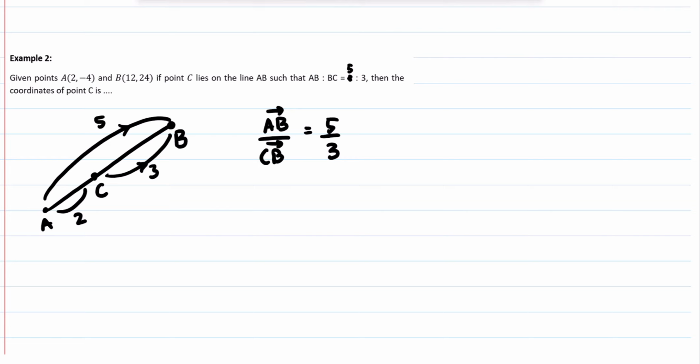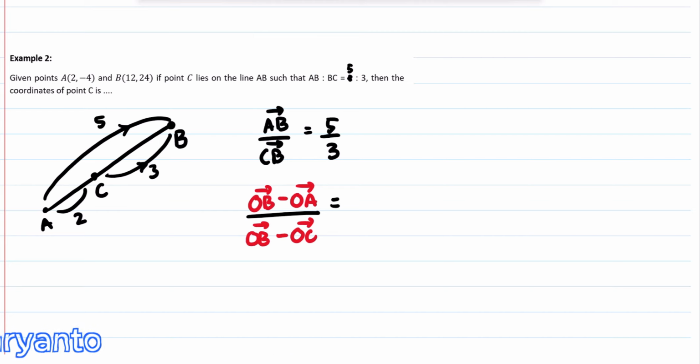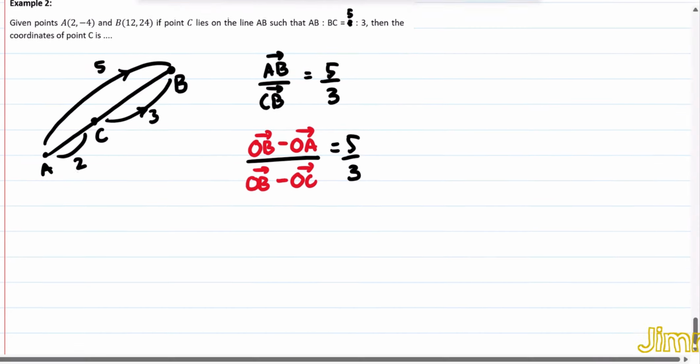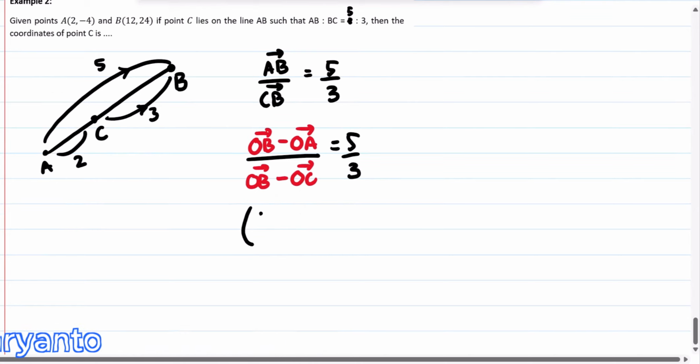Okay, so the AB can be broken down into OB minus OA, and for the CB, using the formula also, we can break it down into OB minus OC equals 5 over 3, and then you only have to input the values. OB is 12 and 24 minus OA.